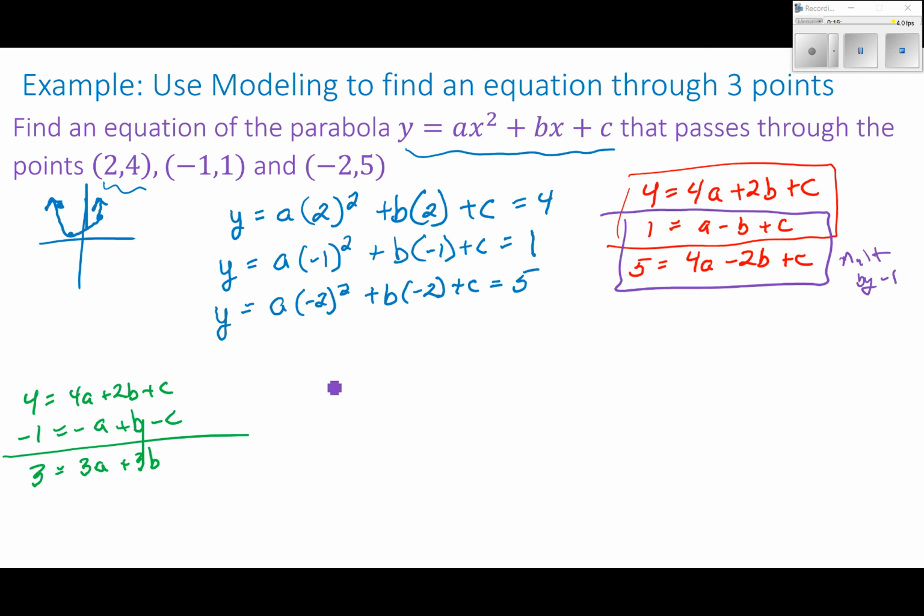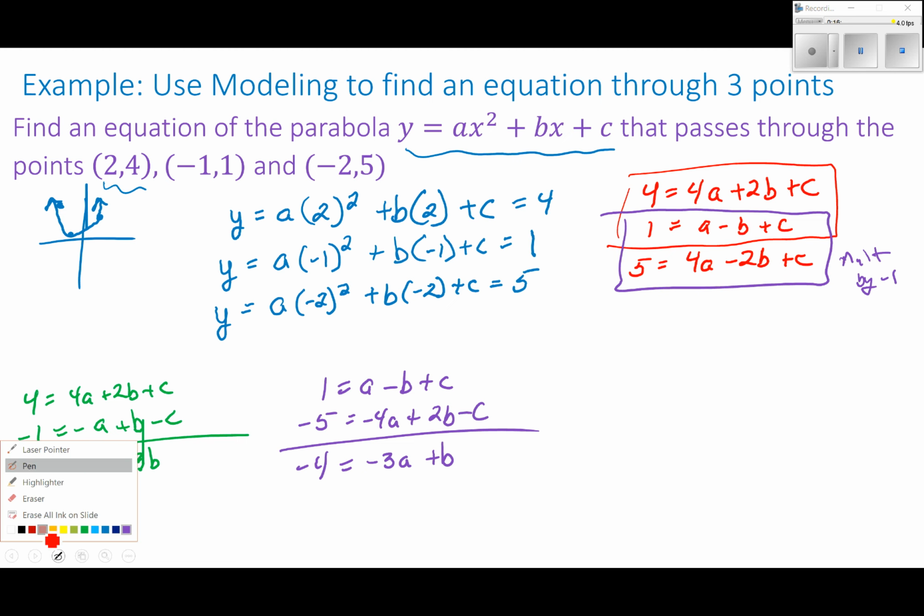So now I have 1 equals a minus b plus c, and now -5 equals -4a plus 2b minus c. We'll add to eliminate. 1 minus 4 would be -3a plus b, and my c's are eliminated. So now I'm down to two equations with two unknowns.